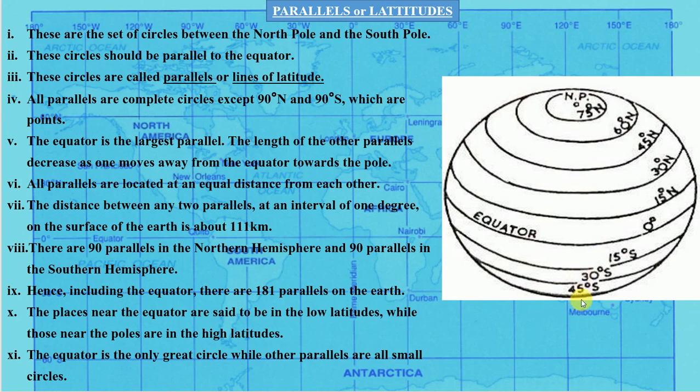All parallels are located at an equal distance from each other. You can see in the figure that they are equidistant. The distance between any two parallels at an interval of 1 degree on the surface of the earth is about 111 kilometers.